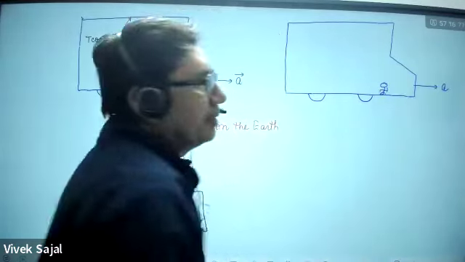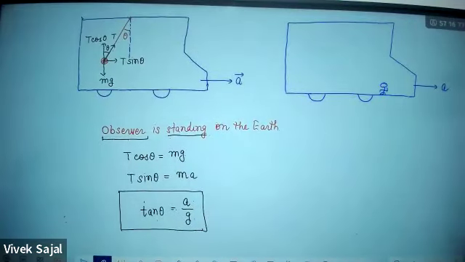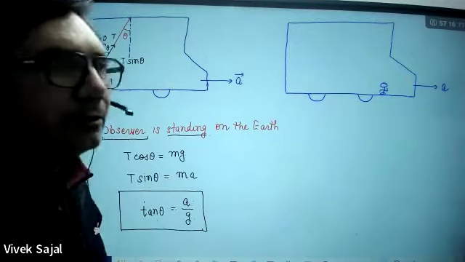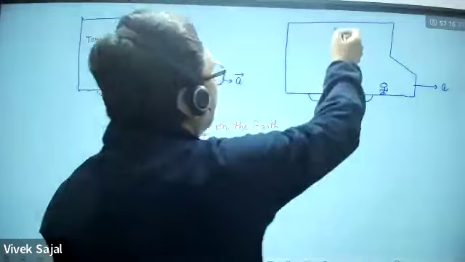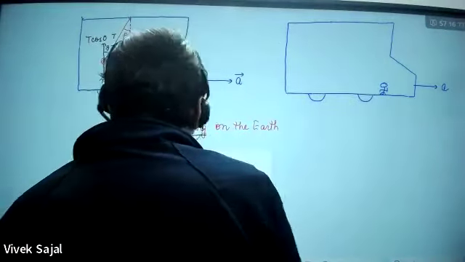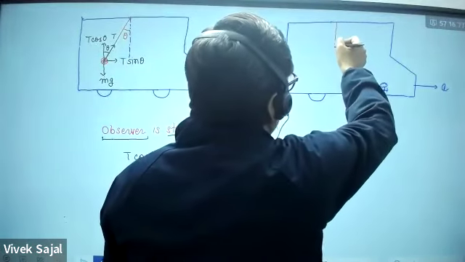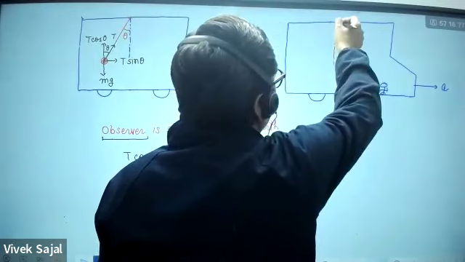Okay, my observer is here. So next question is how this observer is going to explain. Now from his point of view, I need an explanation. So here I'm using a different color now. Now position will be same as observed from the earth, so it will be theta.